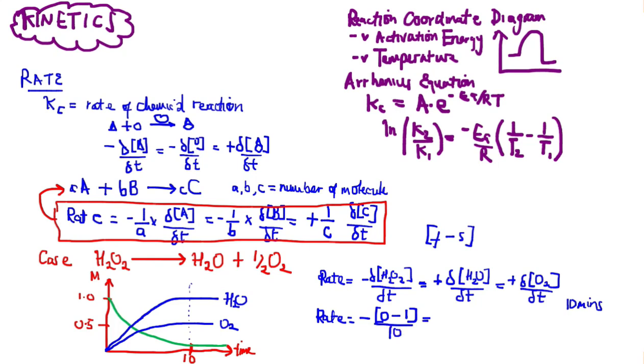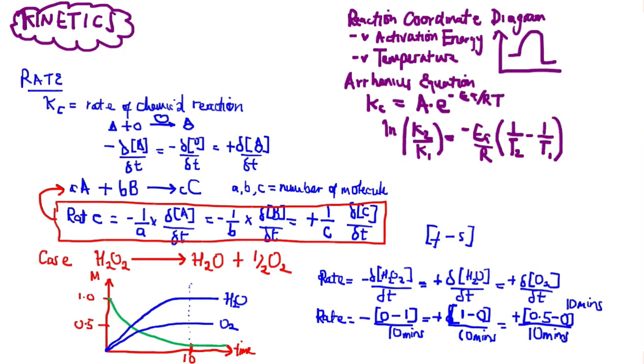This is divided by 10 minutes, and in this particular case here for our water, we have finishing, which is 1, minus starting, which is 0, concentration divided by 10 minutes, and finally our oxygen, which is being formed, finishes with 0.5 minus 0, which is the starting concentration, mole per liter, divided by 10 minutes.